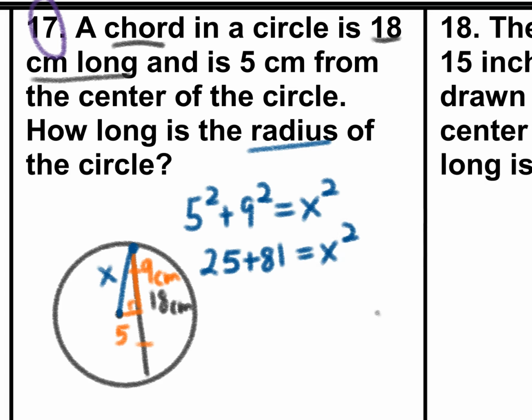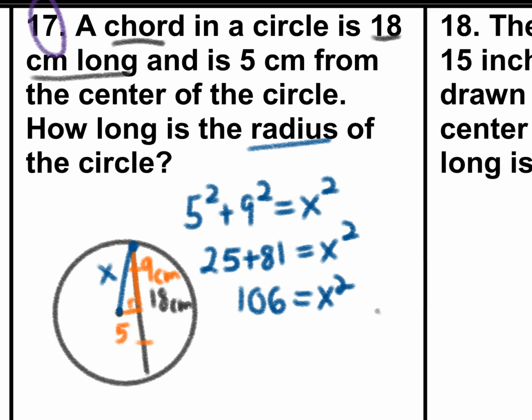We add these up, and we should get 106 is equal to x squared. And we get a final answer of x is equal to 10.296 centimeters. Then, if it specifies what place to round to, I would go to the second or third decimal place.